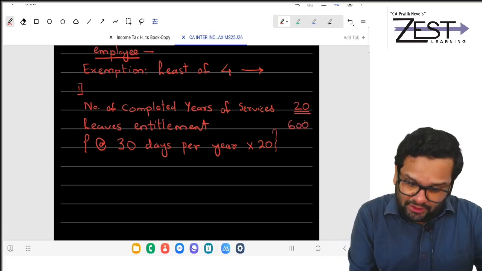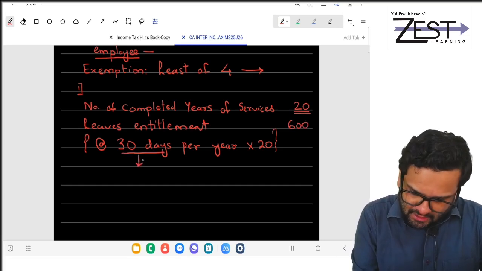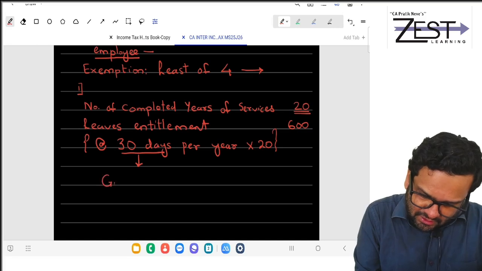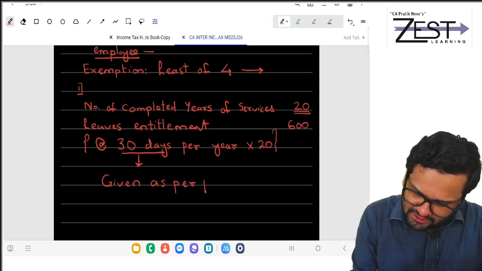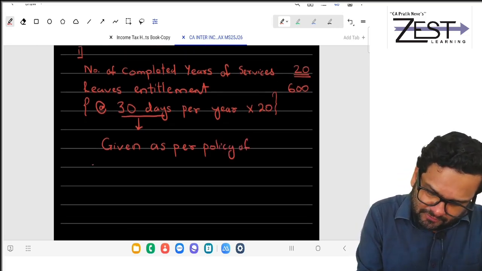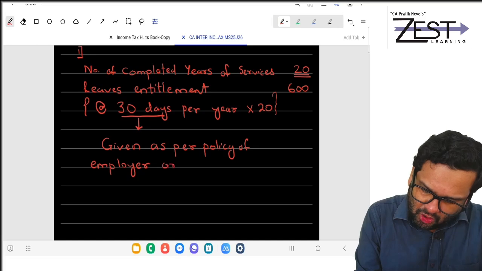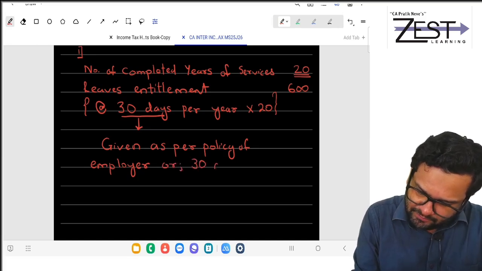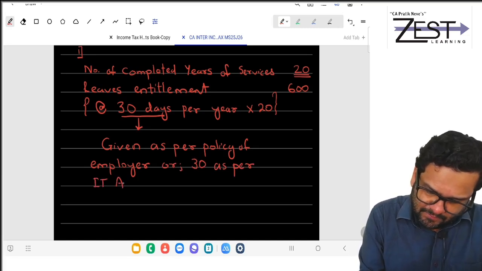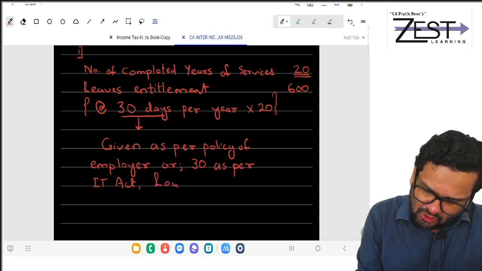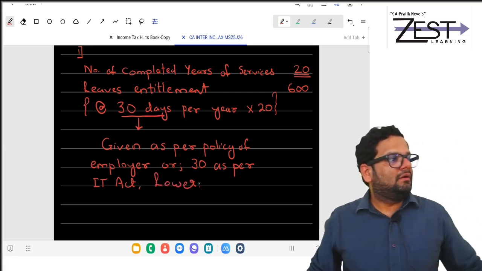Let me tell you, how did we take this 30? Given as per policy of the employer, or 30 as per the IT Act, whichever is lower.